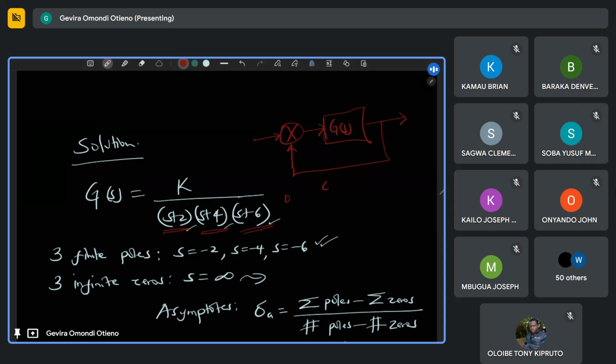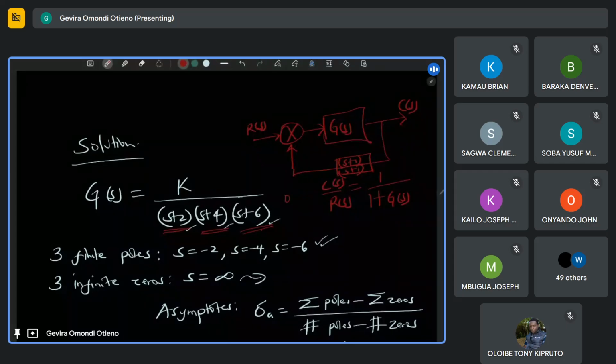So even if I got the closed loop transfer function, I would only have it as 1 over 1 plus G of S, because the H of S is unity. And therefore, the number of poles will not change. The number of poles and zeros would change if there was an H of S that is not unity, a full transfer function.